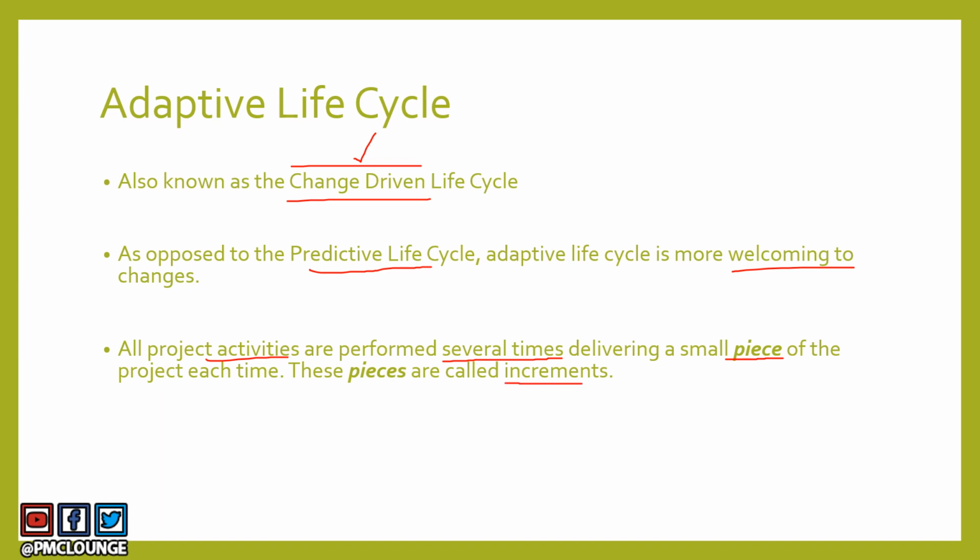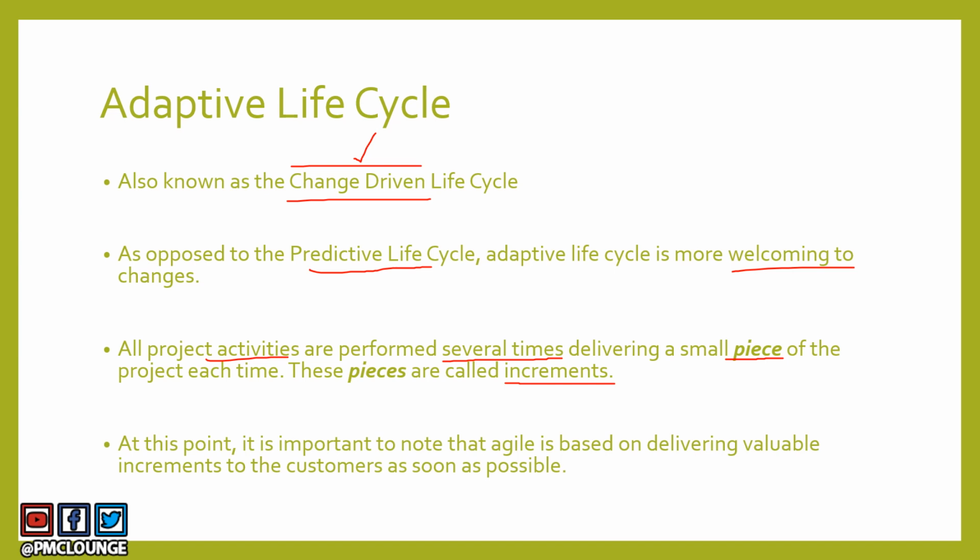These pieces are known as increments. So it is important to note that agile is based on delivering valuable increments to the customers as soon as possible. So when you're following agile way of delivering the project, you are not going to make the customer wait till the end and deliver the entire product.